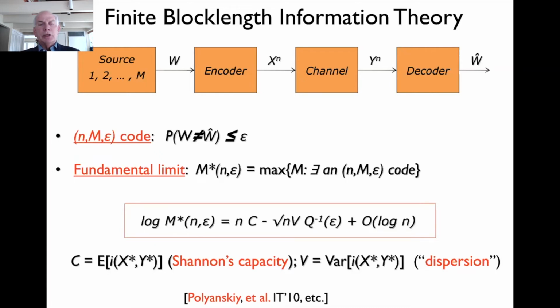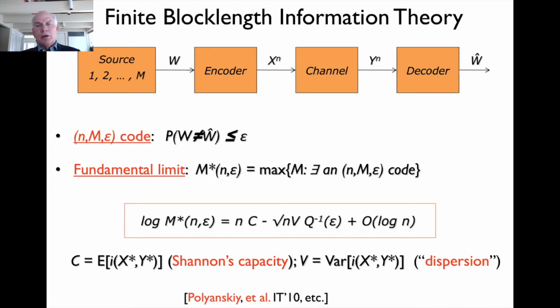It's going into an encoder, which is going to create n channel symbols. Those are going to go into the channel. We get n channel outputs, which are going to go into a decoder, which tries to reconstruct the original transmitted source.